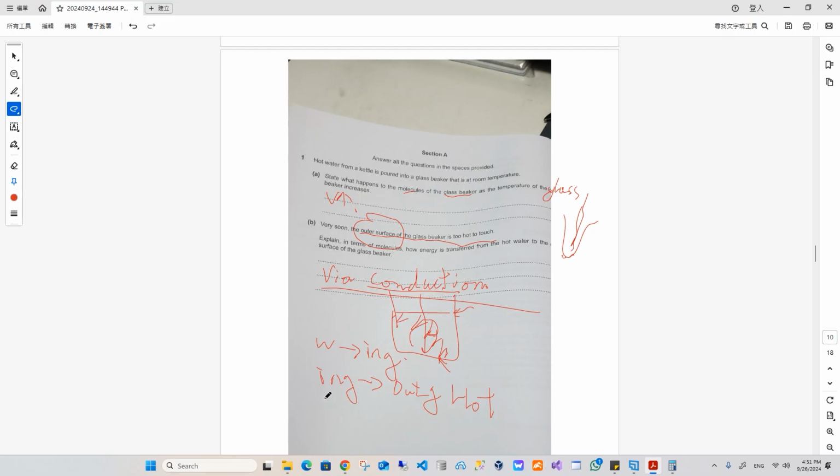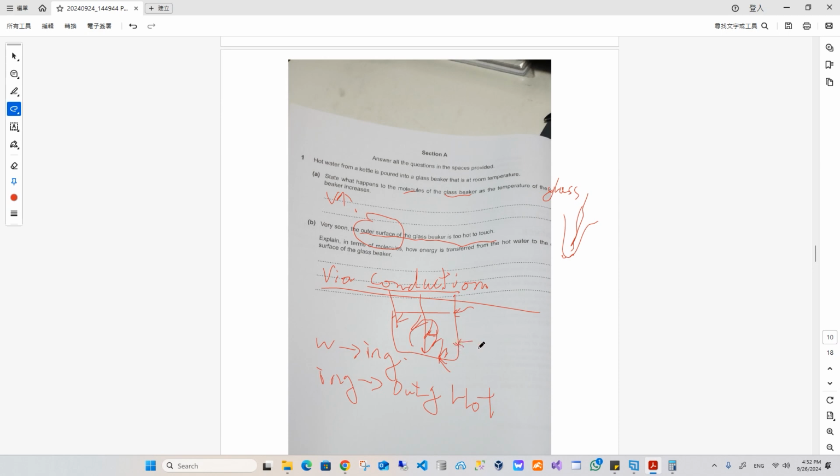Within the glass wall, from the inner to the outer, the whole thing is solid. So solid to solid is conduction, for sure. You can say that the vibrations getting more violent from the inner molecules will cause the vibrations of the particles next to them, which will get hotter also.